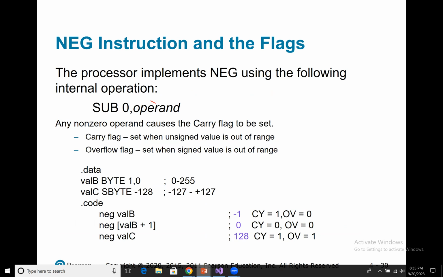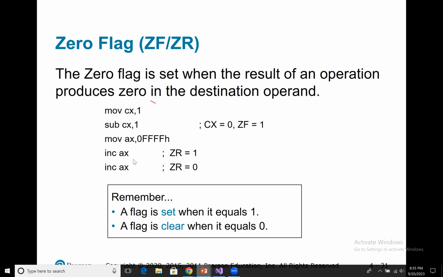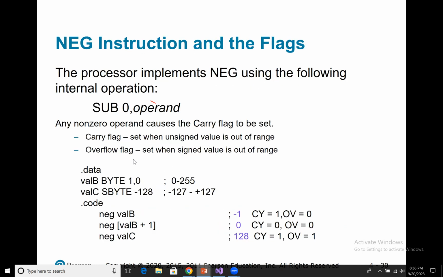So if the operand, and we're talking about this operand right here. So for example, if we have negate, val b is the operand that they're referring to. Sorry about that. So we're looking at that operand.